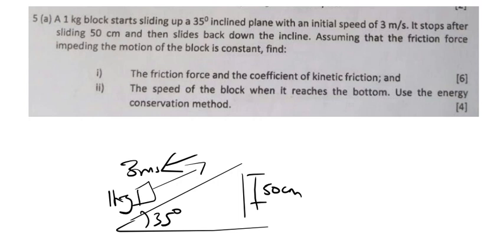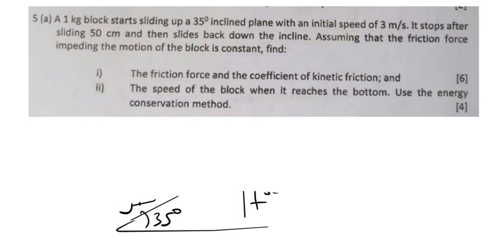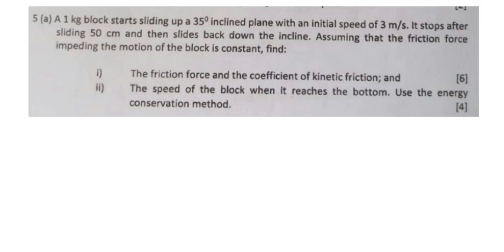Now we're trying to find the friction, and number 2, we're trying to find the speed of the block when it reaches the bottom. Use the conservation of energy method. They're specifying what you're supposed to use, and whenever they specify, use what they've given you. So now let's solve the friction force. What do we know? Mass, we're given 1 kg.